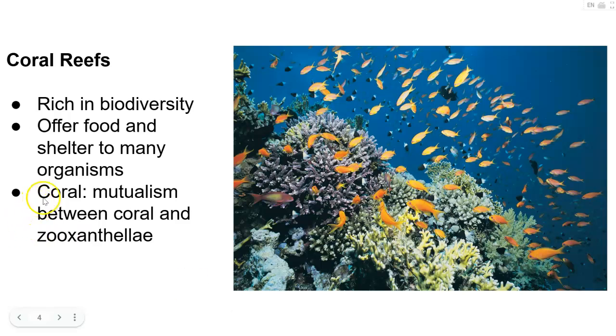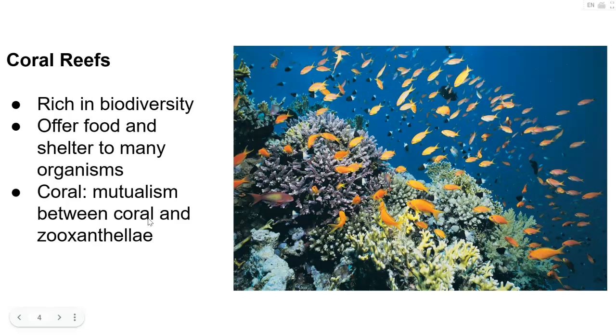Coral is actually a mutualism, a symbiosis between coral and zooxanthellae. Zooxanthellae is the photosynthetic primary producer, and the coral is the primary consumer. So they are the host and the photosynthetic plant, right? The zooxanthellae actually live in the cells of coral.